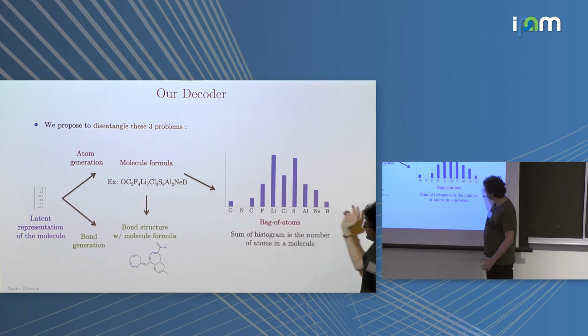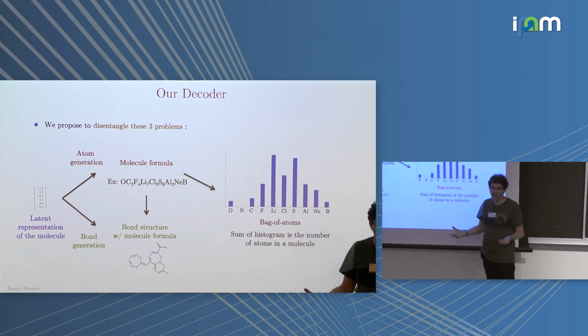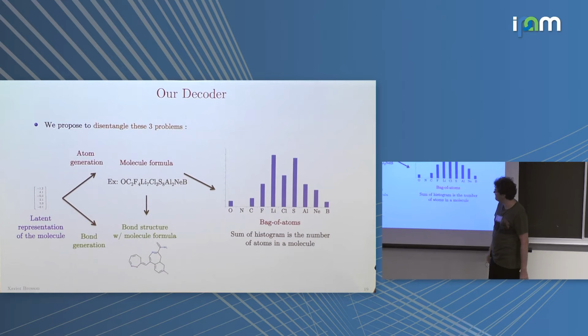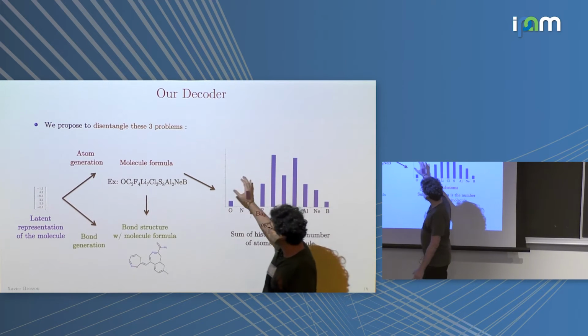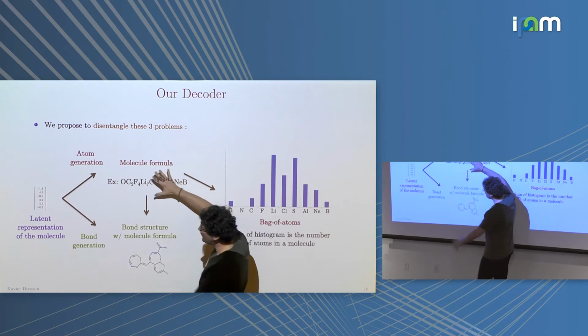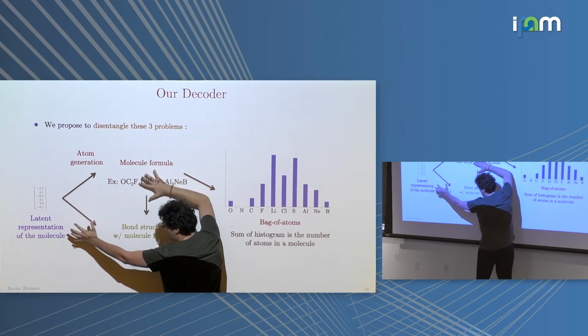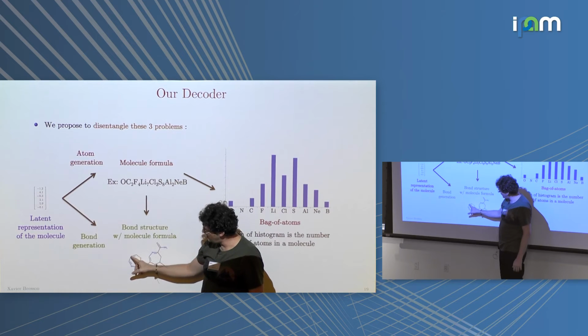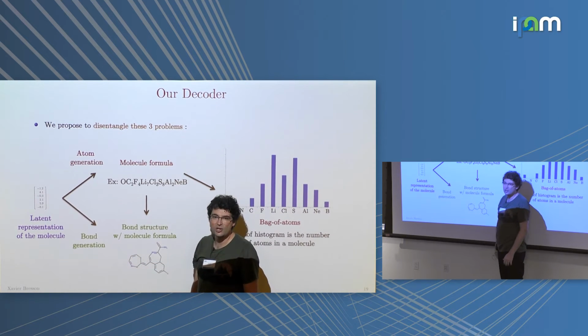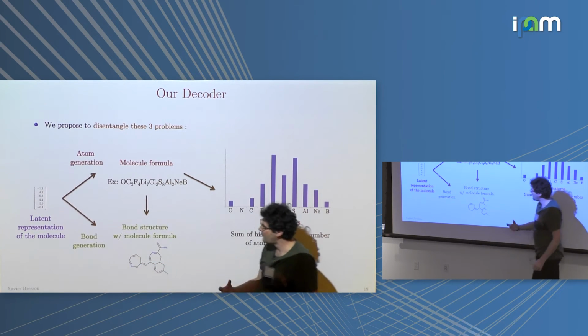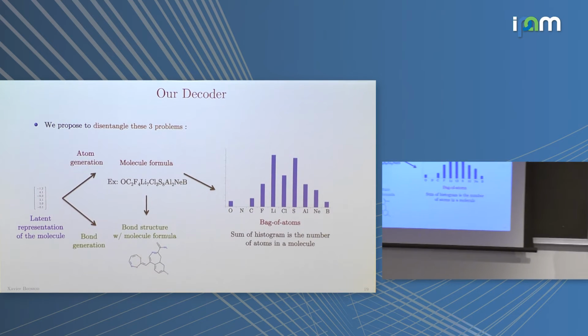If you sum over the histogram, you will have the number of atoms in your molecule. Given this molecular formula, and also using the molecule representation, we will use these two together to infer the connections between the atoms. So this is what we propose.